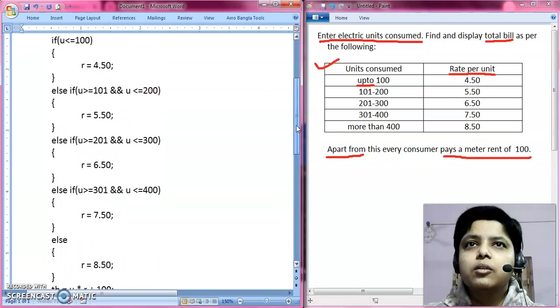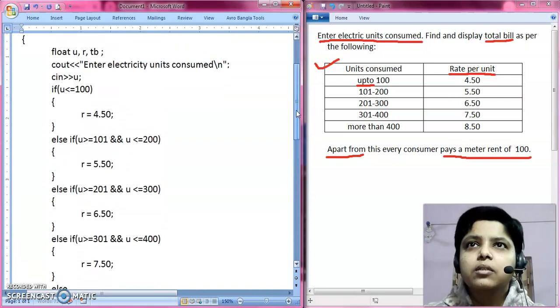Let's thoroughly check the program once again. It is a very simple program. All you have to do is enter the electricity units consumed. According to the units consumed, you have to store the rate per unit in a variable.